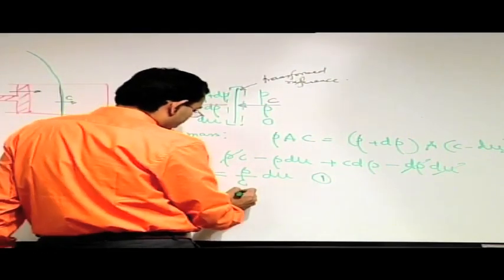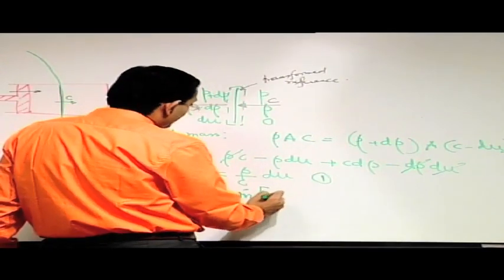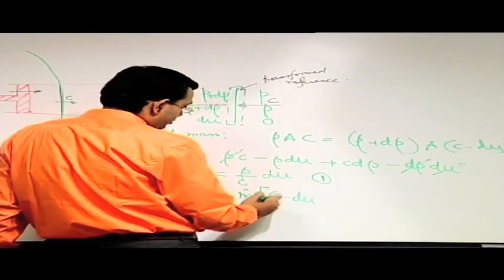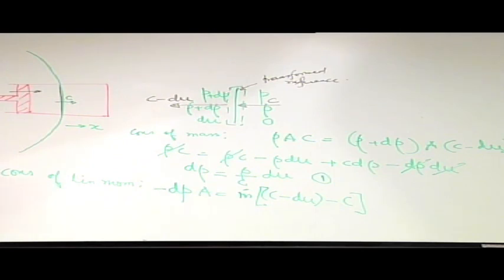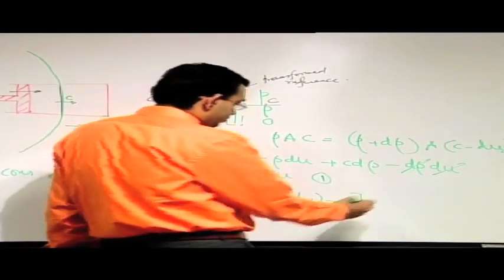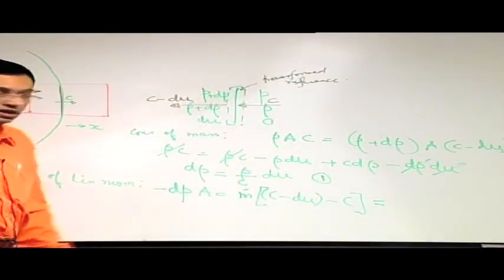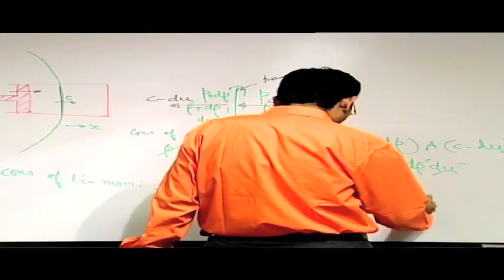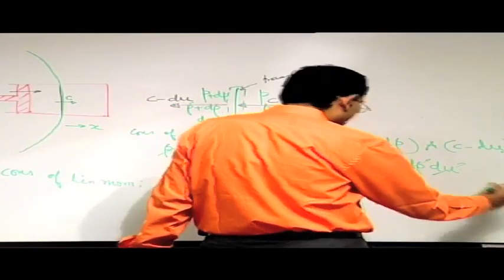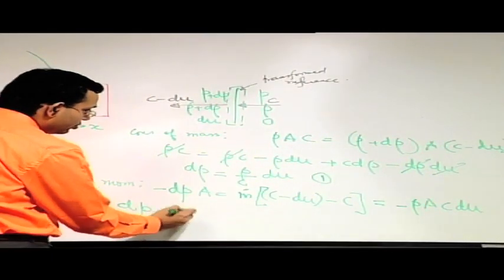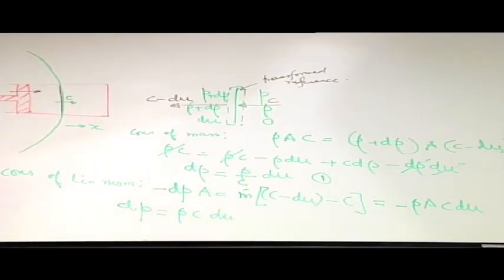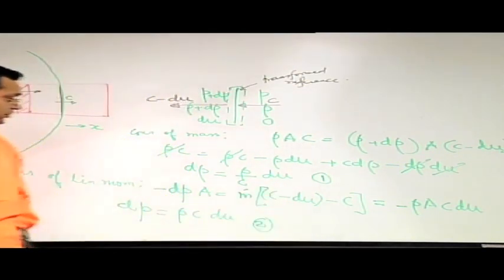So, m dot into C minus du minus C. In place of m dot we can write rho into A into C. So, this becomes minus rho A C du. So, dP you can write as rho C du.